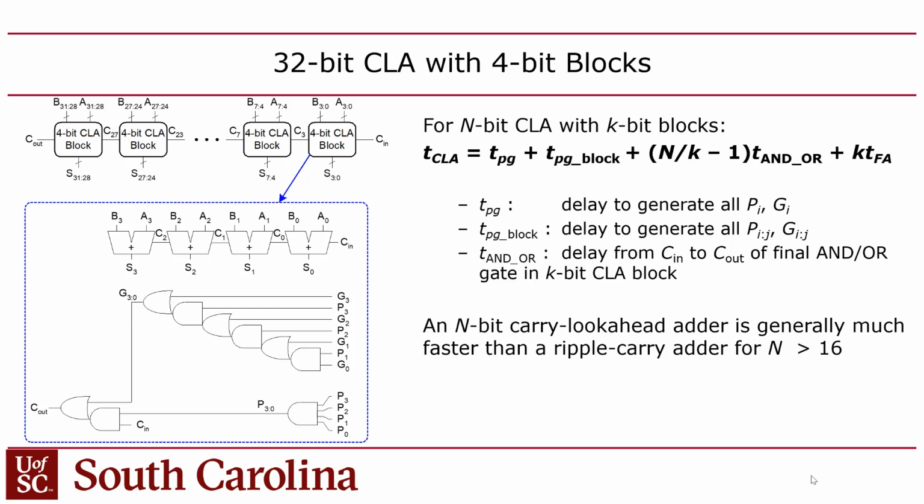That's the thing that makes this slower as you make a bigger adder. But the time is growing as a function of n over k as opposed to n as in a ripple carry adder, right? So that's the advantage. So the idea is you're shoving as much of the carry calculation into init time.